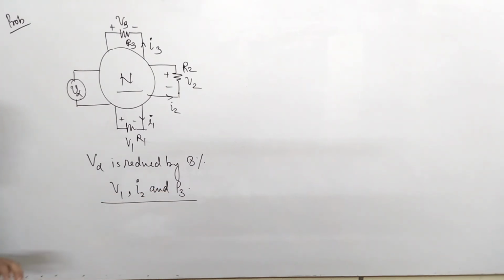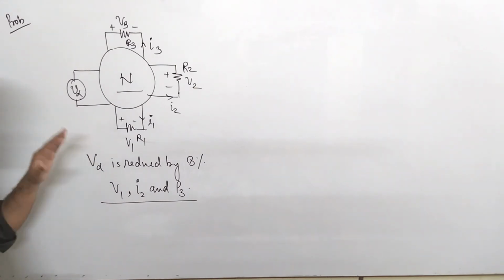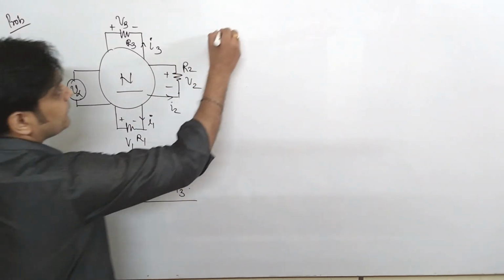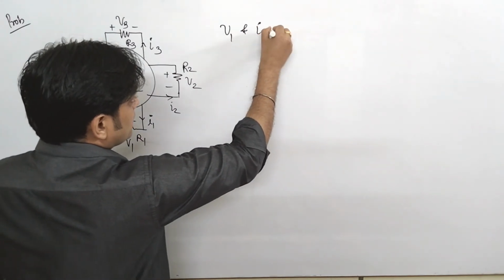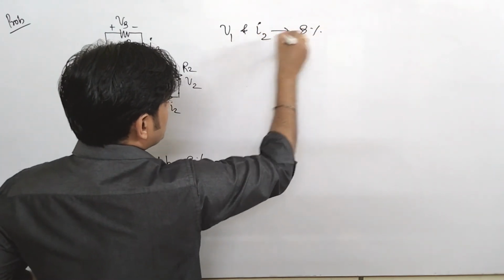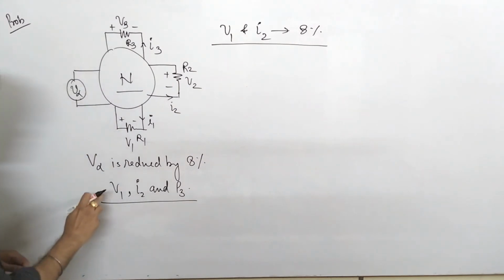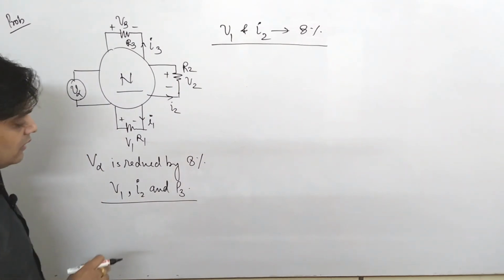Your voltage and current will either reduce by the same percent or increase by the same percent. So here if V alpha is reduced by 8%, that means V1 and I2 will also get reduced by 8%. Very simple.